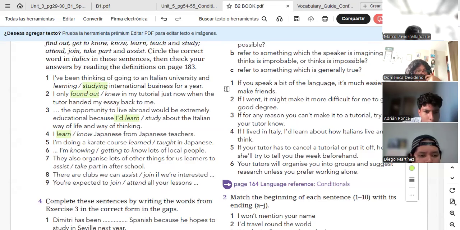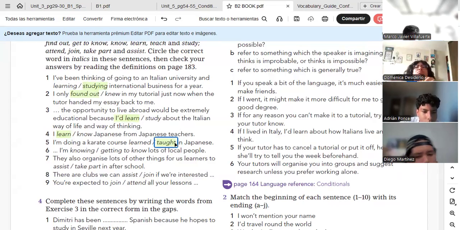Taught, enseñado, is the past form of teach. Learn, sure. I'm doing a karate course taught in Japanese. Aprendido en japonés, I don't think so. Taught in Japanese. Enseñado en japonés. Que lo enseñan en japonés. Okay, thank you, Adrian. Well done.